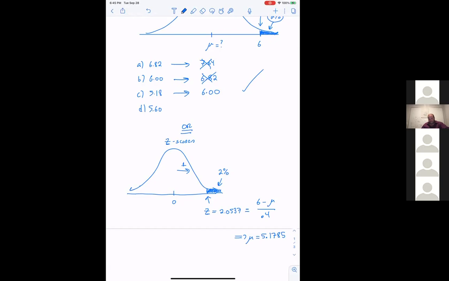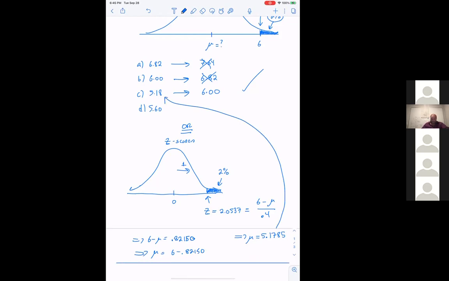Nope. 6 minus mu equals 0.82150. So if I add mu and subtract, I get mu equals 6 minus 0.82150, which of course is just that number. Make sense? I hope.